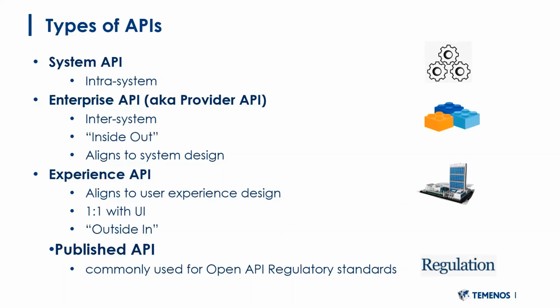Hence, they're well defined, well documented, and always well cataloged. Because they are exposing the system's inside functionality, we tend to refer to them as inside-out APIs. And it's purely based on the system design or system functions point of view. For instance, funds check is a system function, right?